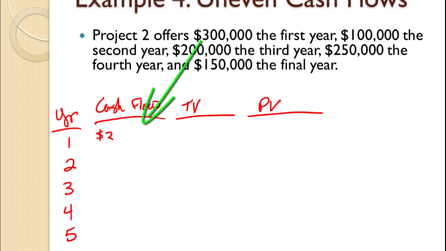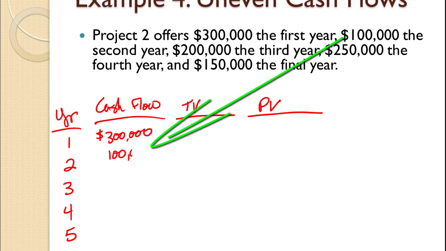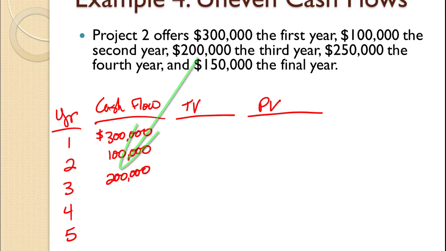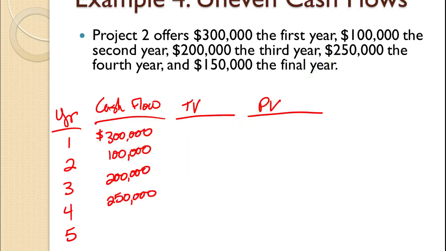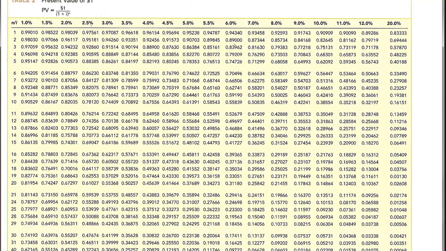In year 1 we'll get 300,000. Year 2, 100,000. Year 3, 200,000. Year 4, 250,000, and in year 5, 150,000.